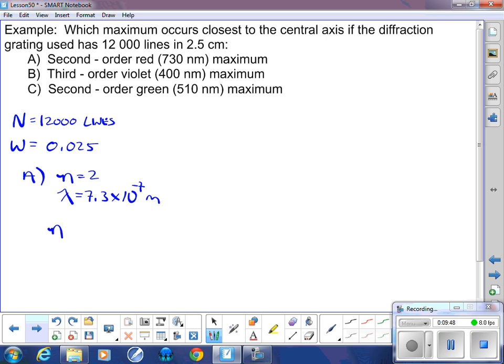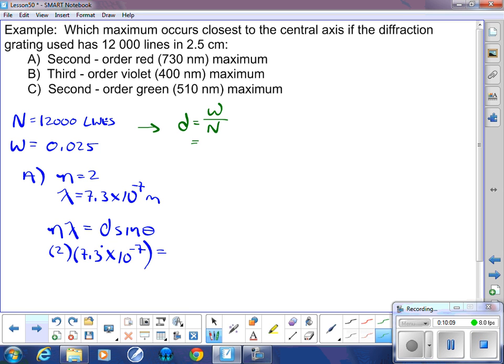So n lambda equals d sine theta. We know it is 2 times 7.3 times 10 to the negative 7. My d needs to be calculated, so we'll do it right here: w over N. That gives me 0.025 over 12,000, which is 2.1 times 10 to the negative 6 meters.